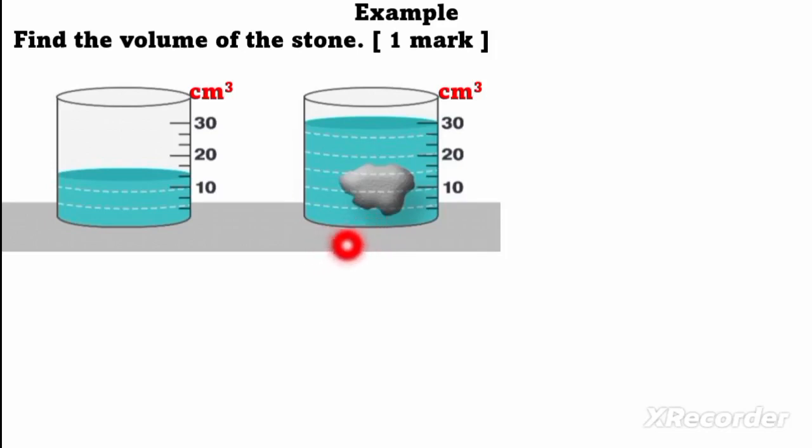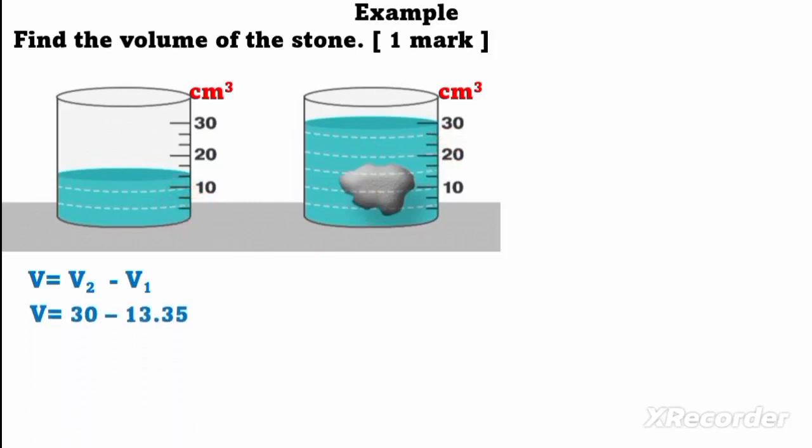The first thing that we need to do is to come up with the formula. This is the formula we'll be using to find the volume of the irregular object. Volume is equal to volume 2 minus volume 1. Do we have volume 2? Yes, volume 2 is 30. Our volume 1 is 13.35.